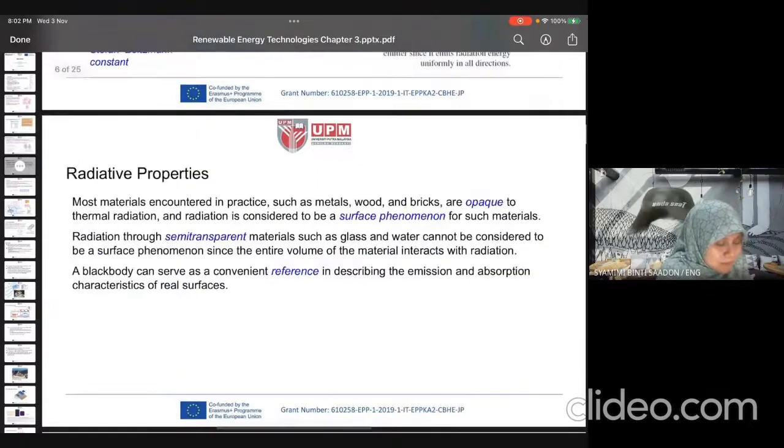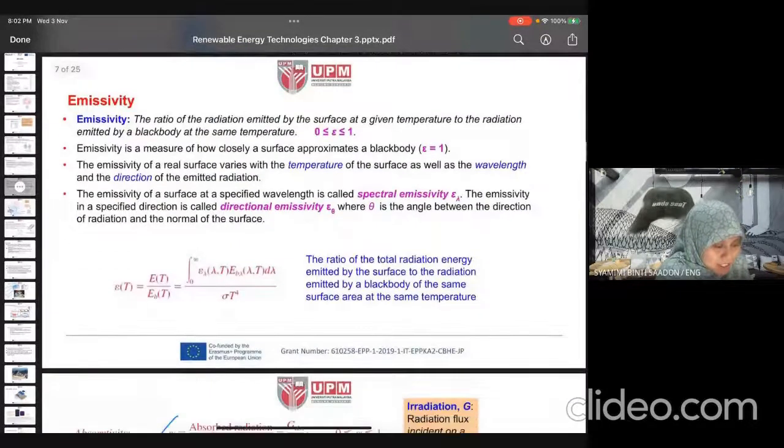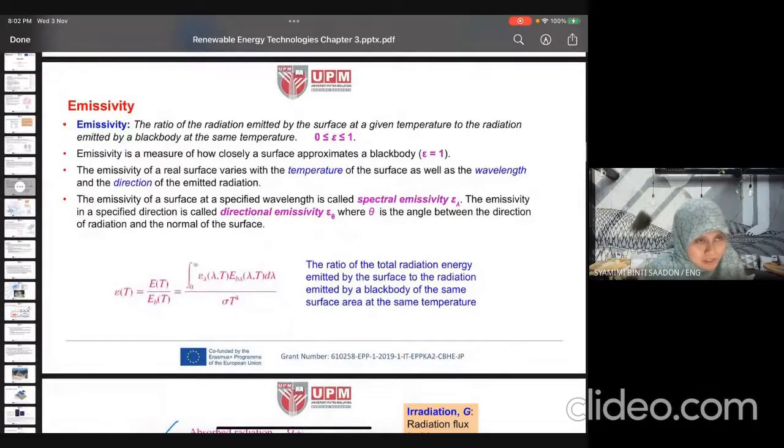From this black body we can measure the emissivity parameter for each surface. So for glazing, for any solid material, they have an emissivity value, which depends on the black body just now.